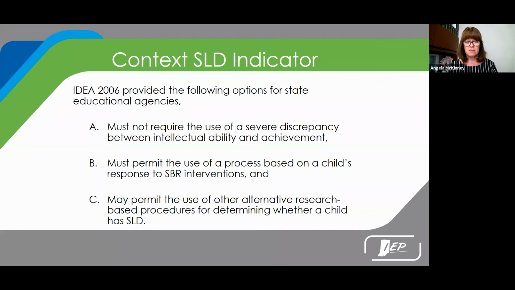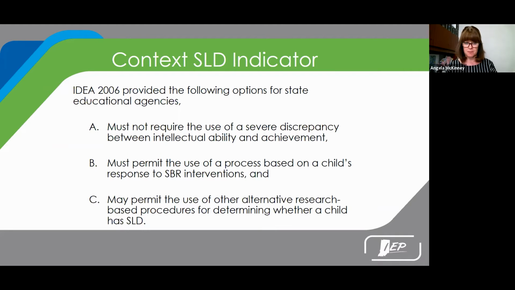It said specifically that we can't require use of discrepancy between IQ and achievement. Indiana used to use severe discrepancy between IQ and achievement as their means of looking at a specific learning disability. IDEA doesn't say you can't do it. It just says states can't require it, right?